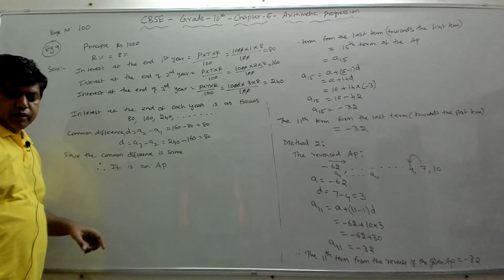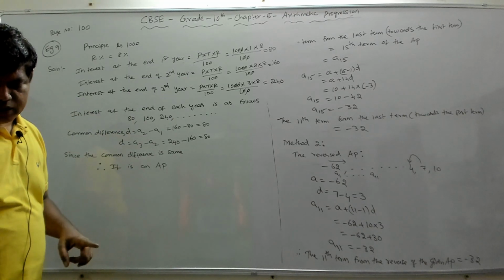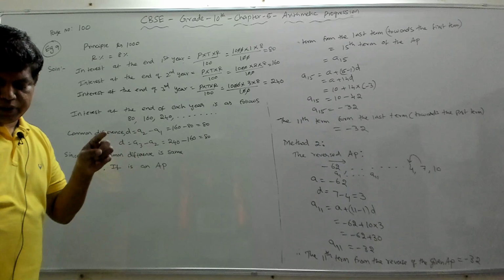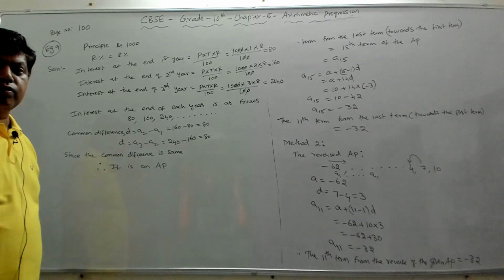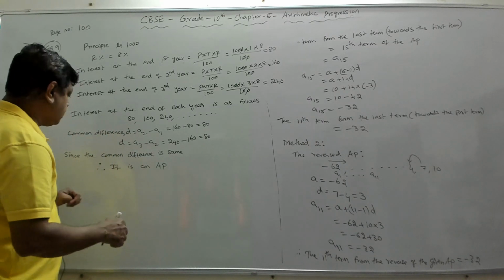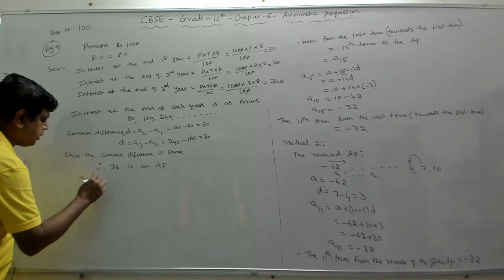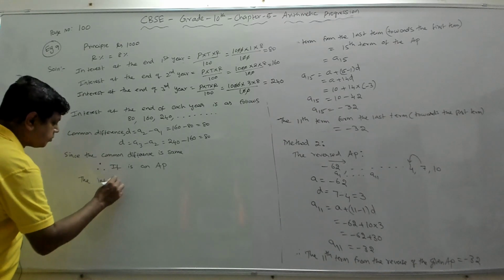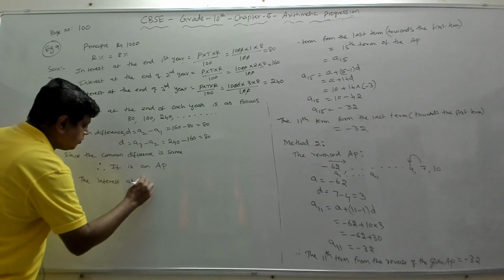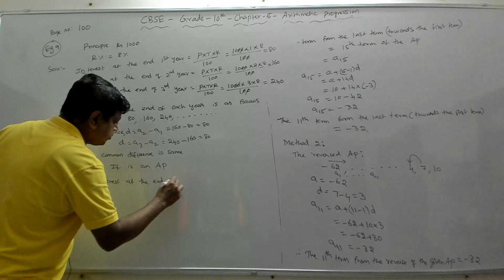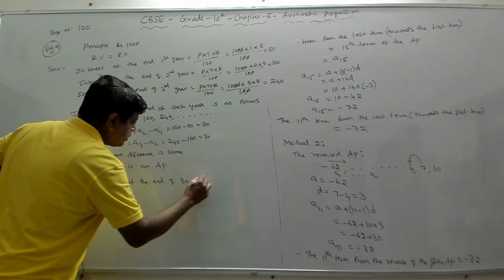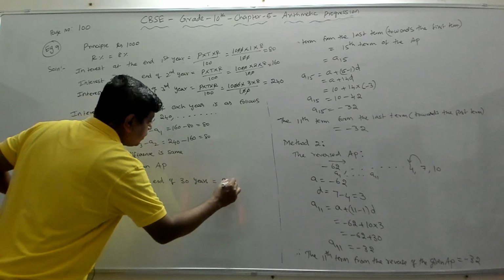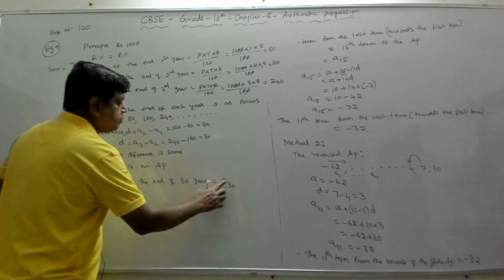Now, what they say is that once it forms an AP, then find the interest at the end of 30 years. So the interest at the end of 30 years will be equal to A30, the 30th term of this AP.